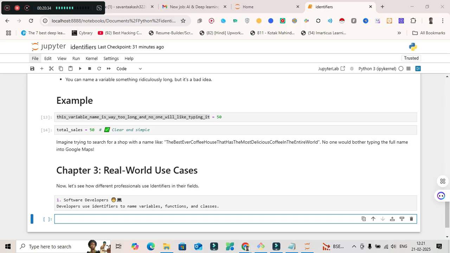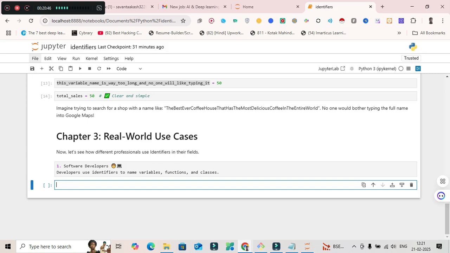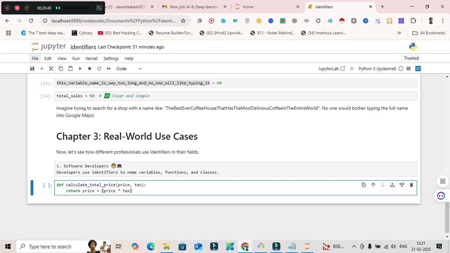I will show you what the bad way of writing is. This is how developers do it, for example: def calculate_total(price, tax): return price + price * tax.